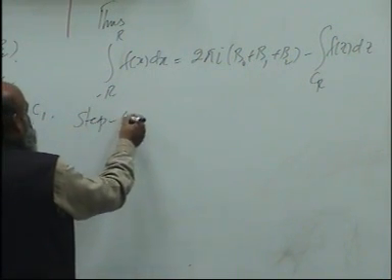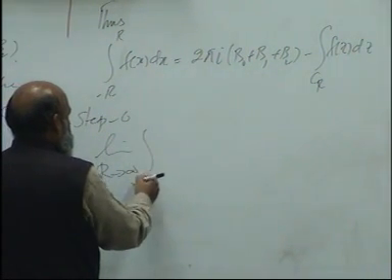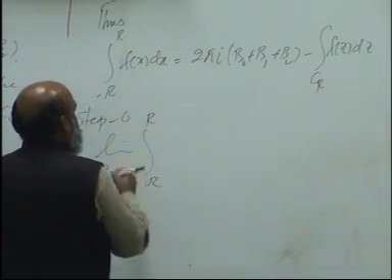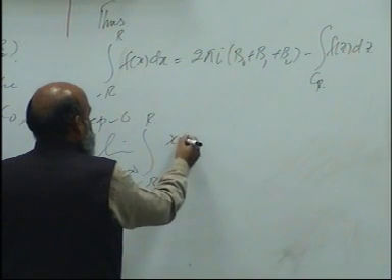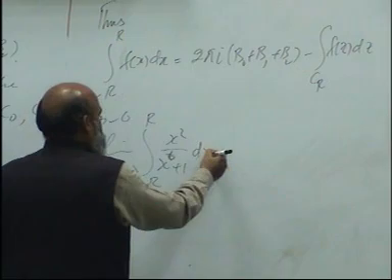This is step 6. We take the limit r tends to infinity, integral minus r to r, f of x, which is now given to be this one, dx.